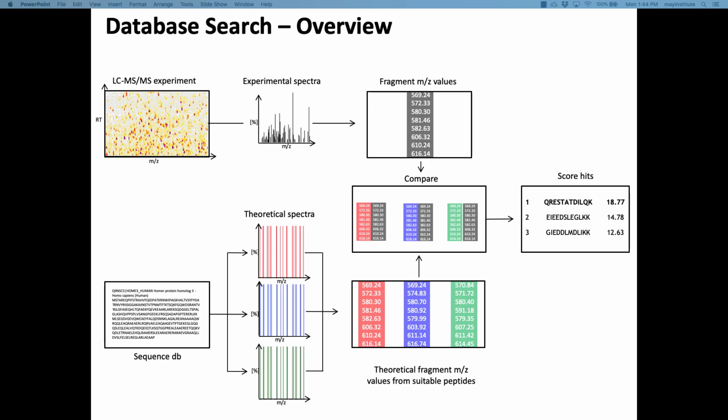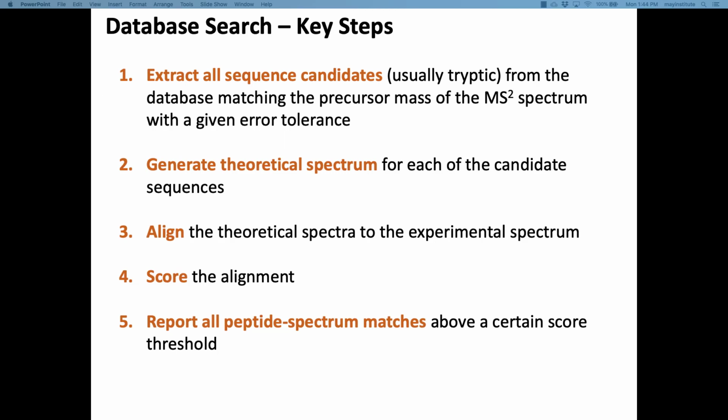Okay, so that's the overall schema there. So how can we do that? Now, the database search first of all needs to extract all the sequence candidates, tryptic peptides, and then it looks at the precursor masses of the individual spectrum. Because not all of these peptides are candidates.